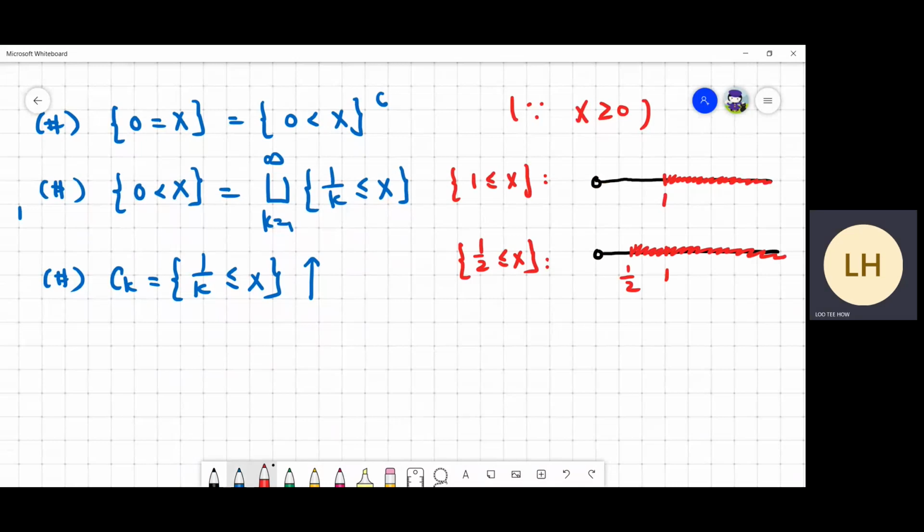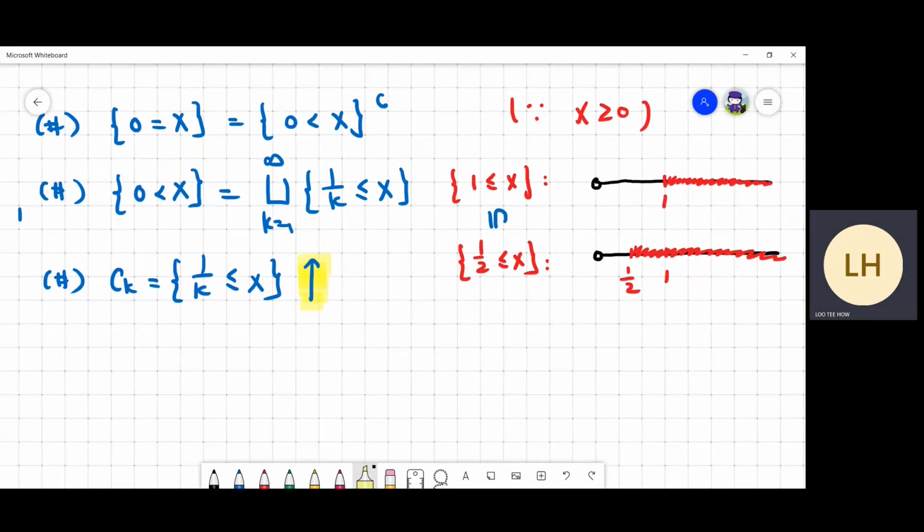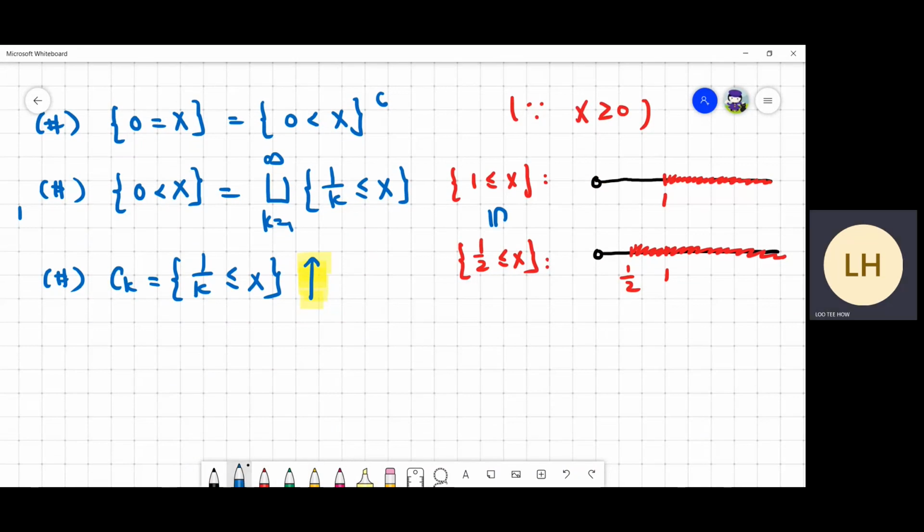And so on. From here you can see this is always smaller than this. That's the reason why this is an increasing sequence of events, right? So this is how we get the third observation here.